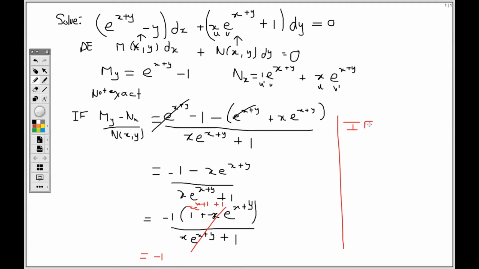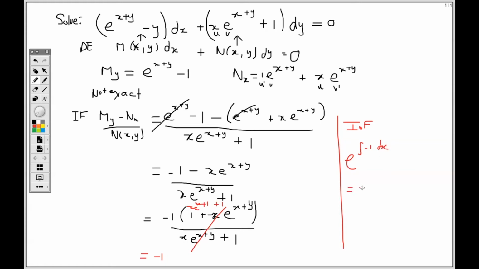So to find my integrating factor, I am going to have e to the integral of the negative 1 that I have here, with respect to x.